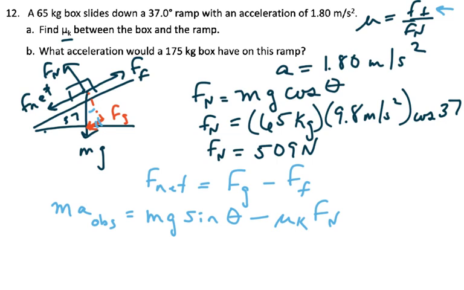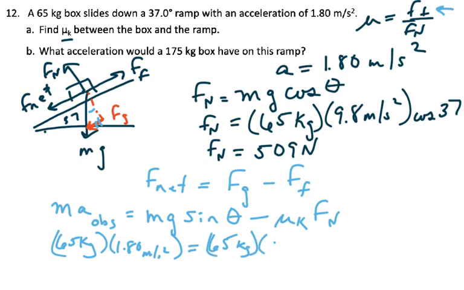So let's substitute in some numbers. So 65 kilograms times the observed acceleration, which was 1.80, is equal to the mass of the object, 65 kilograms, times the gravitational constant times sine of 37, minus mu k, which is what we're looking for, times the normal force, which we already found, which is 509.